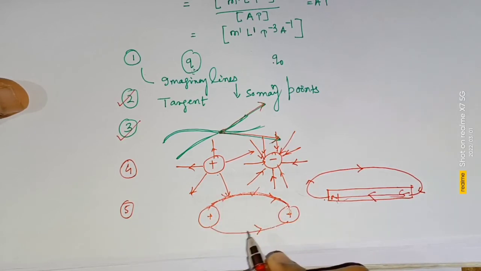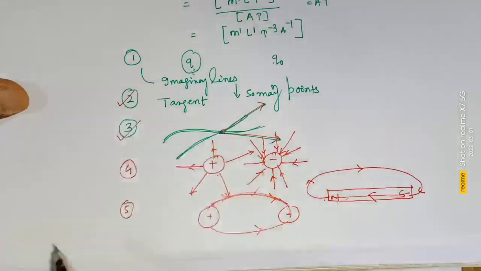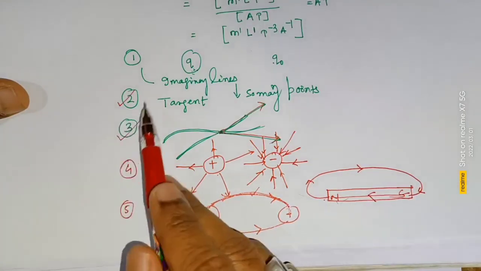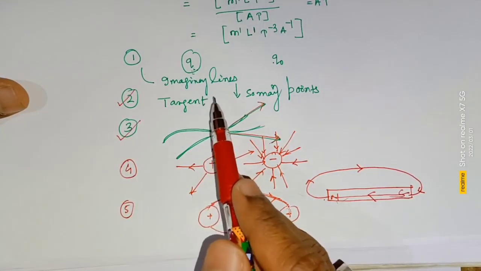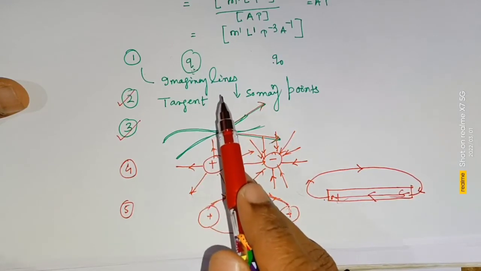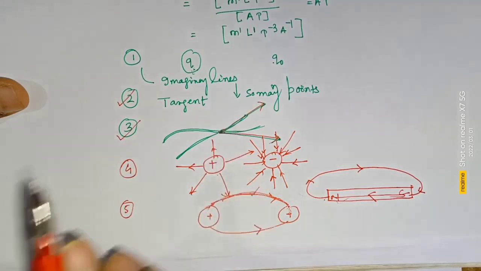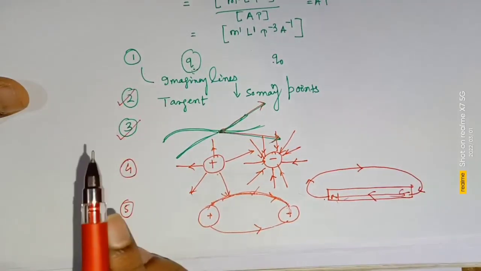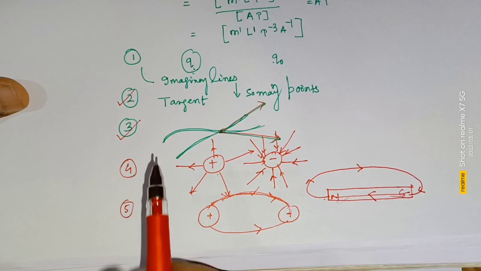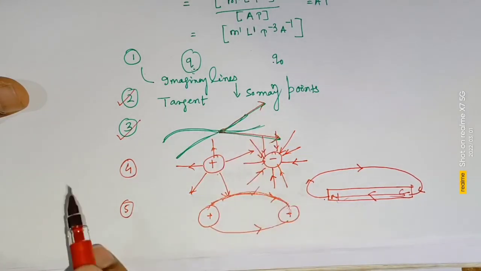You can realize these things practically. So these are the major points I will remember. The tangent drawn at any point on electric field lines gives the direction of electric field at that point. Second, two field lines never intersect. If they intersect, at the point of intersection there will be two directions of electric field, which is not possible.